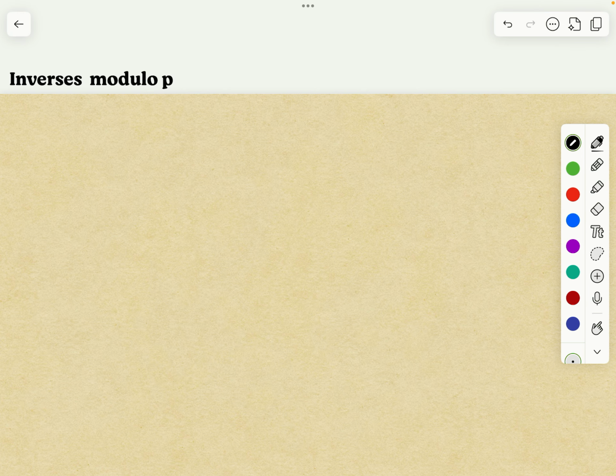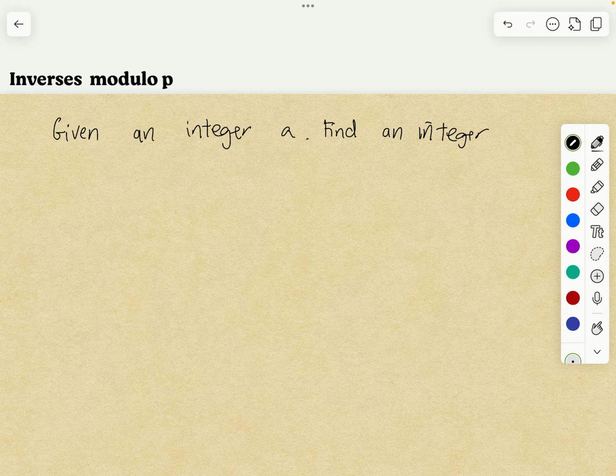In this video, we're going to explain how to calculate the inverse of an integer mod p. So basically, what that means is we're given an integer a, and the question we want to answer is to find an integer b such that a times b is congruent to 1 mod p.